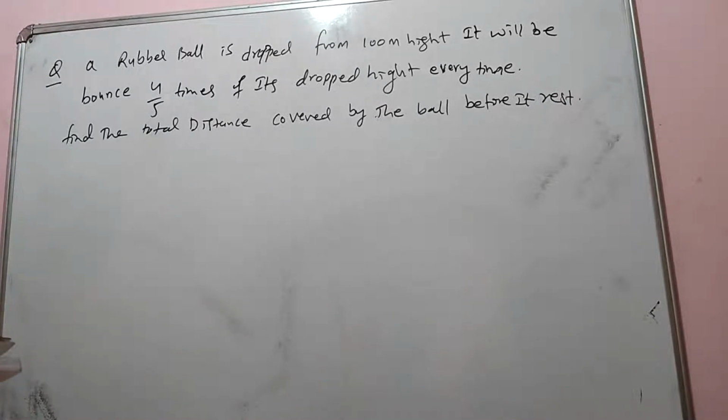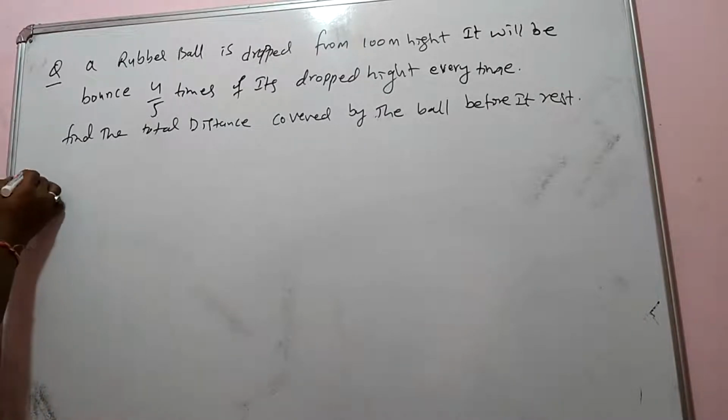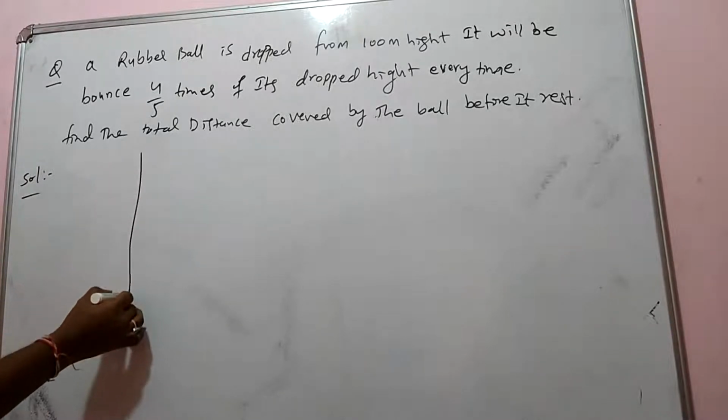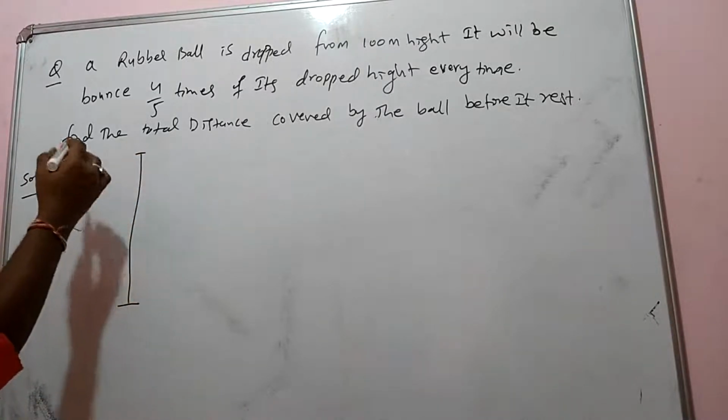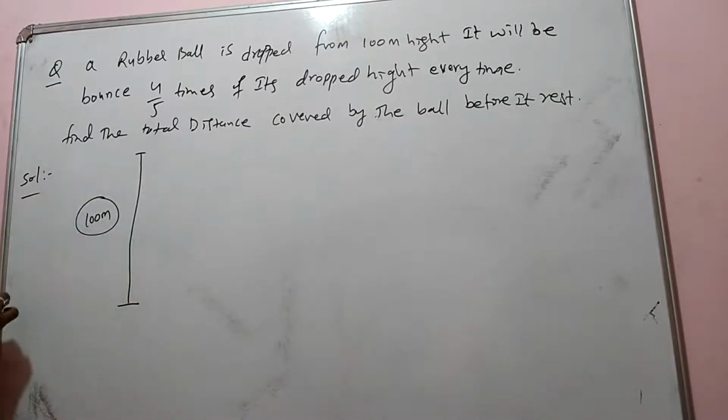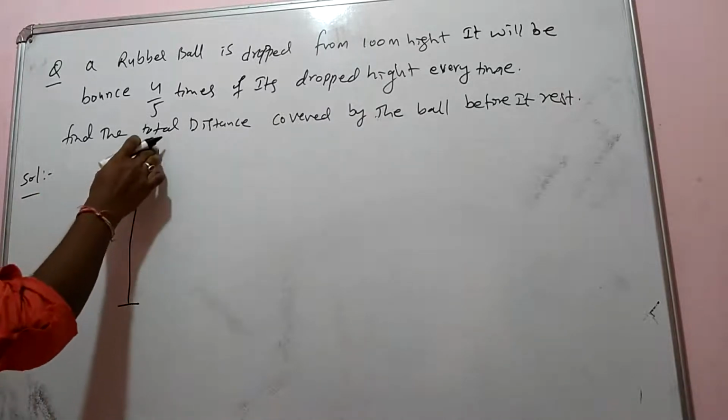Before it rests. So what they are saying, I'll just tell you here. Listen to me carefully. Suppose you are on a 100 meters height tower and you drop a ball.